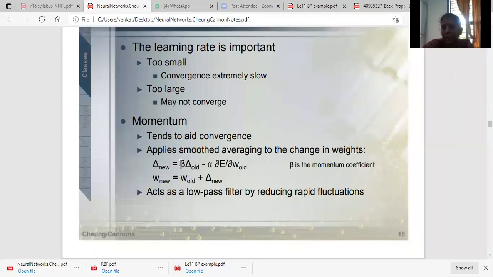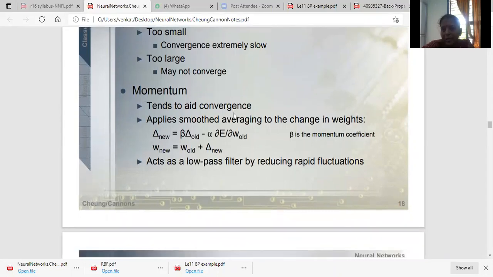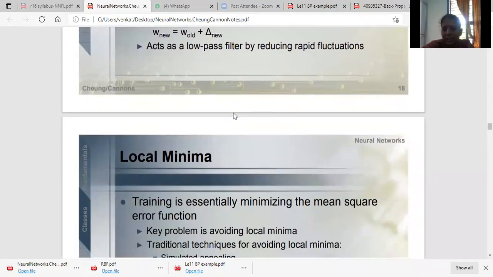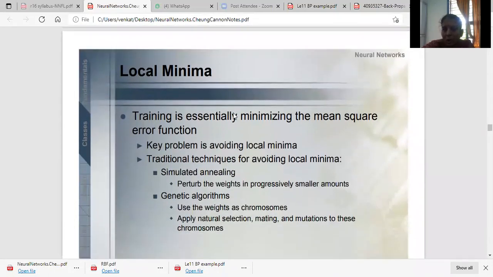You are modifying your old weight value with a momentum coefficient so that your convergence can be accurately obtained. This is mostly used in low pass filters for reducing rapid fluctuations.